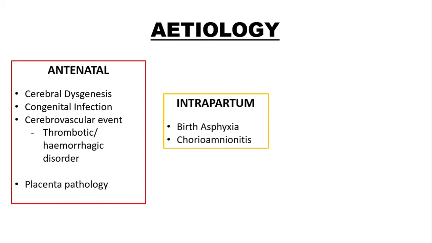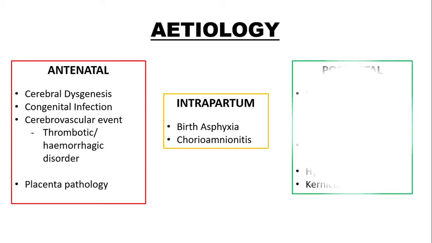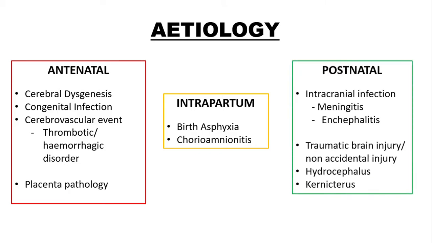In intrapartum, asphyxia and chorioamnionitis are the causes, while in postnatal, intracranial infection, traumatic brain injury, hydrocephalus, and kernicterus can be the cause of CP. CP can be caused by more than one pathological process.